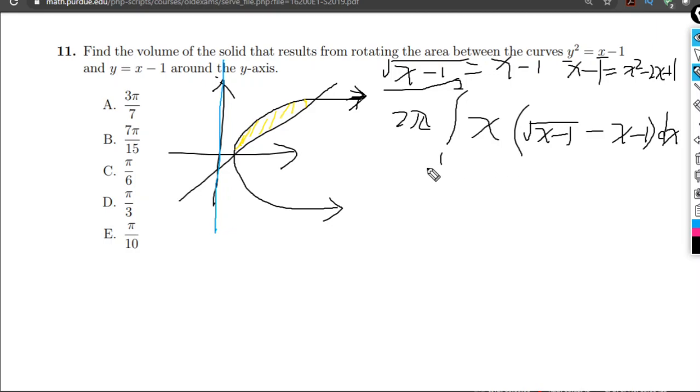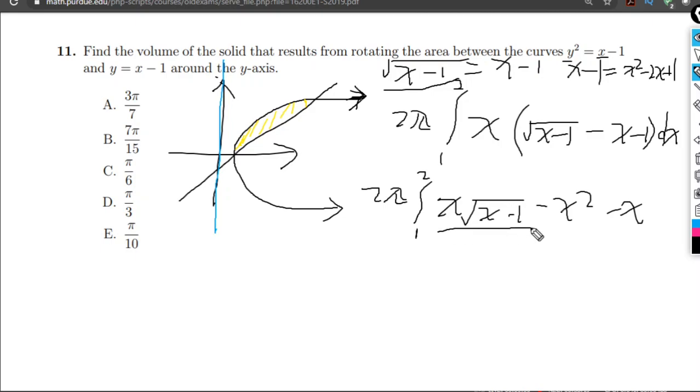So let's see. And then it will be something like this. X squared minus x. Yeah, this is not easily solvable.